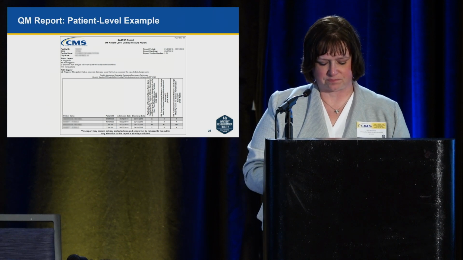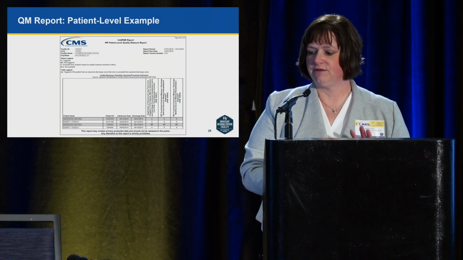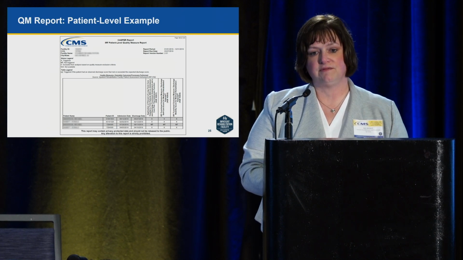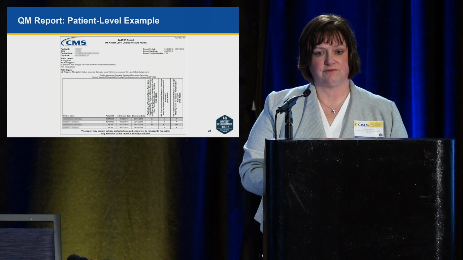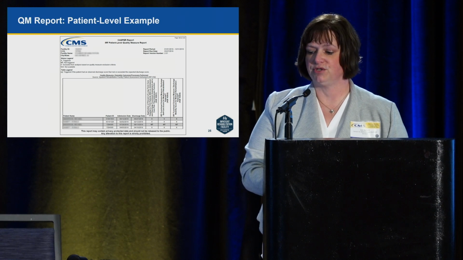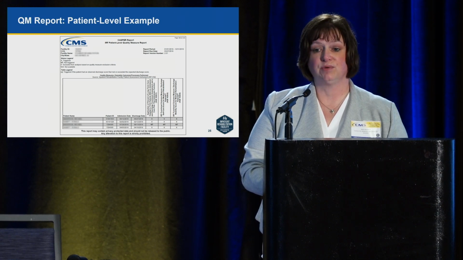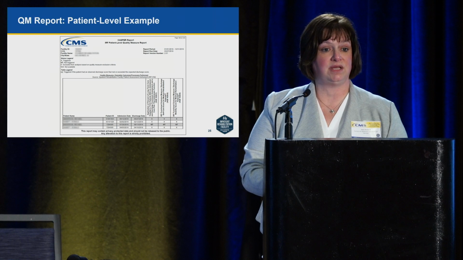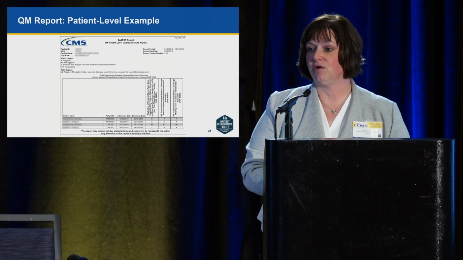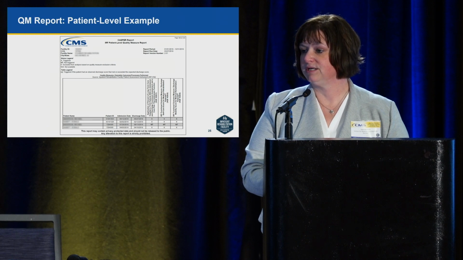Now, conversely, for the undesirable outcome measures, such as the falls with major injury measure, the values will represent a different meaning. So if we were to show you a picture of the falls with major injury measure and there was an X in the column, that would be undesirable, right? Because that would mean that the patient had a fall with major injury and that measure was triggered.